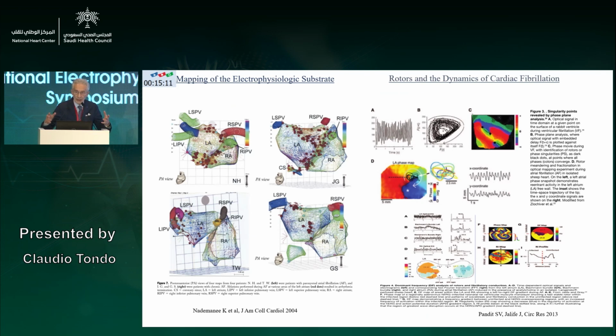All this information has led in the last decade to the devising of different approaches to catheter ablation. There was a long story concerning complex fragmented potentials, and also rotors and the dynamic process of atrial fibrillation.